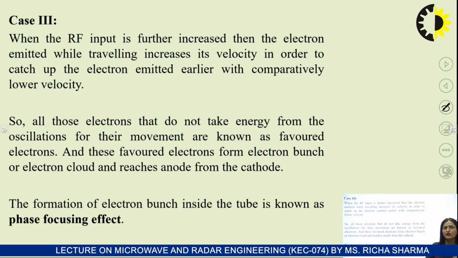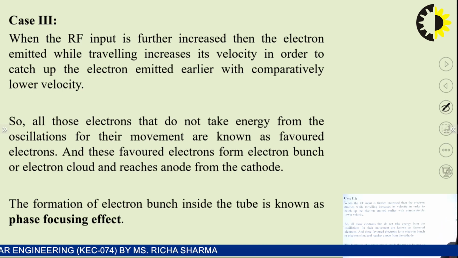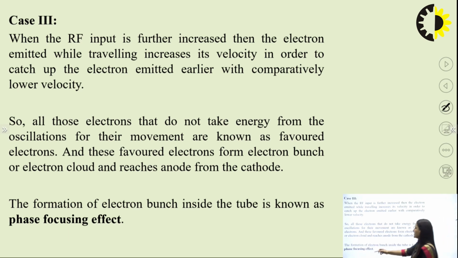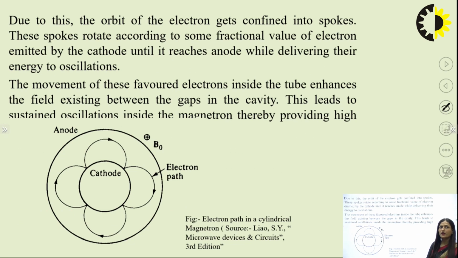The formation of electron bunches inside the tube is known as the phase focusing effect. Due to this, the orbit of electrons gets confined into spokes. See here, the orbit of electrons gets confined to spokes, and these spokes rotate according to some fractional value of the electrons emitted by the cathode until they reach the anode while delivering their energy to the oscillation.